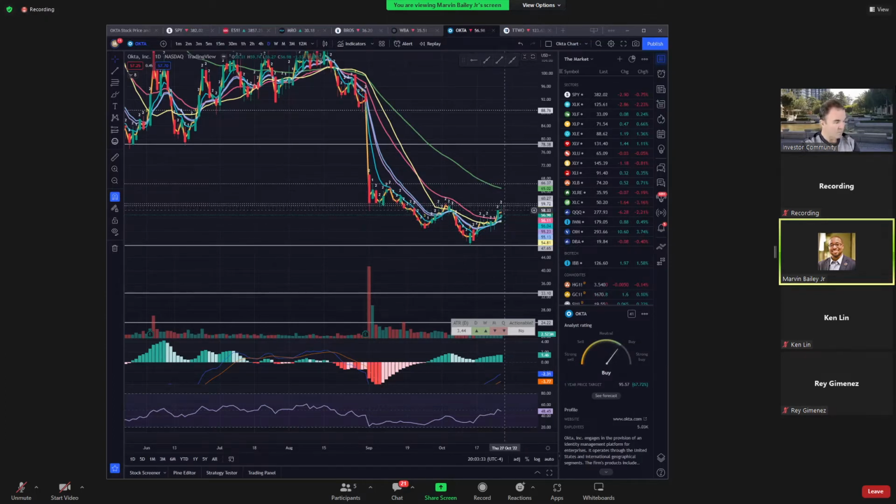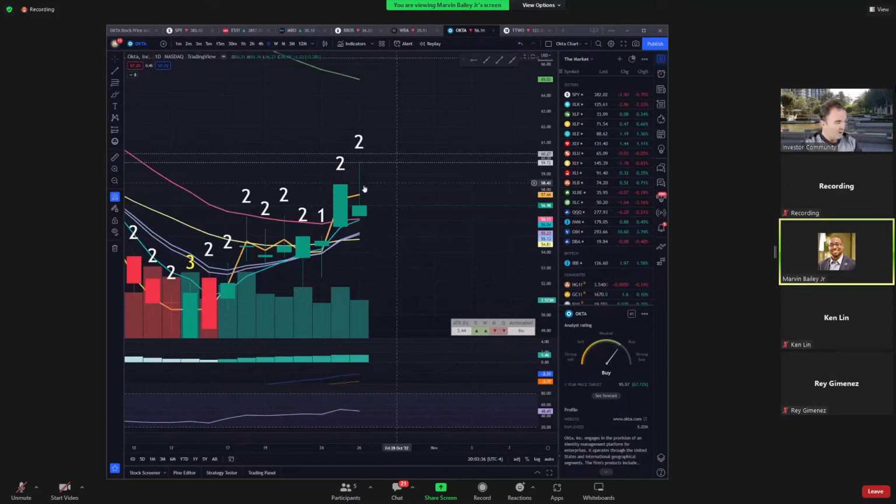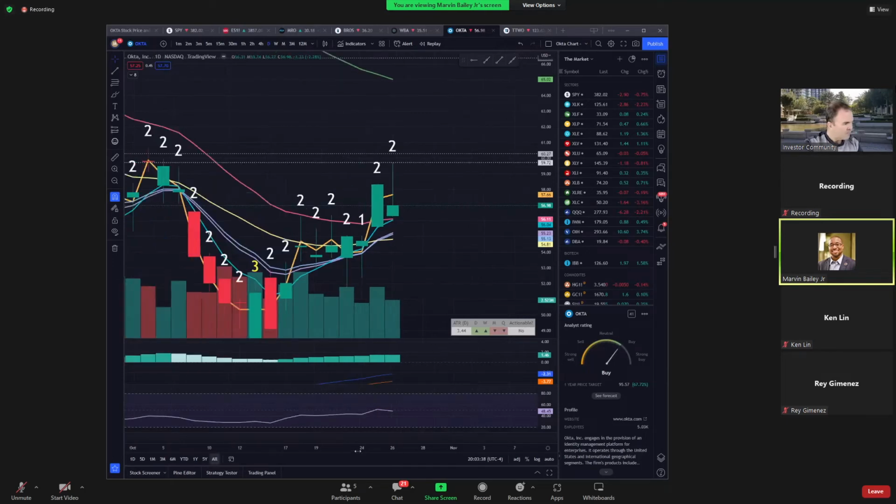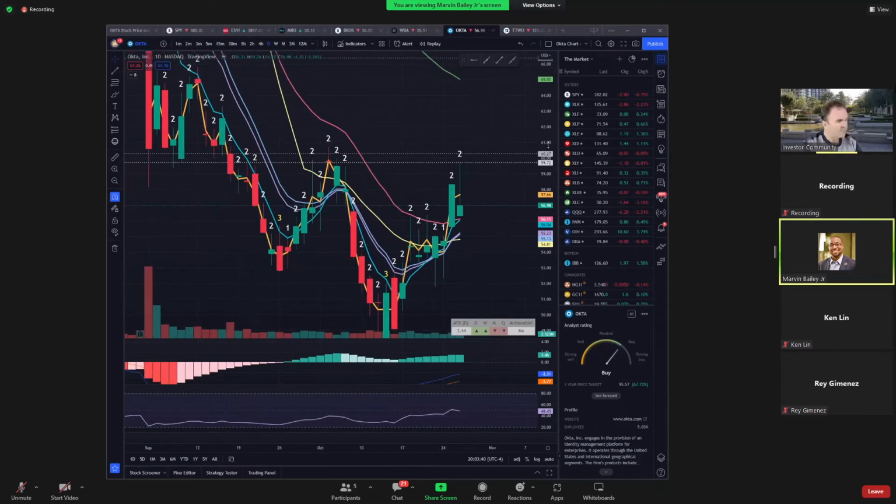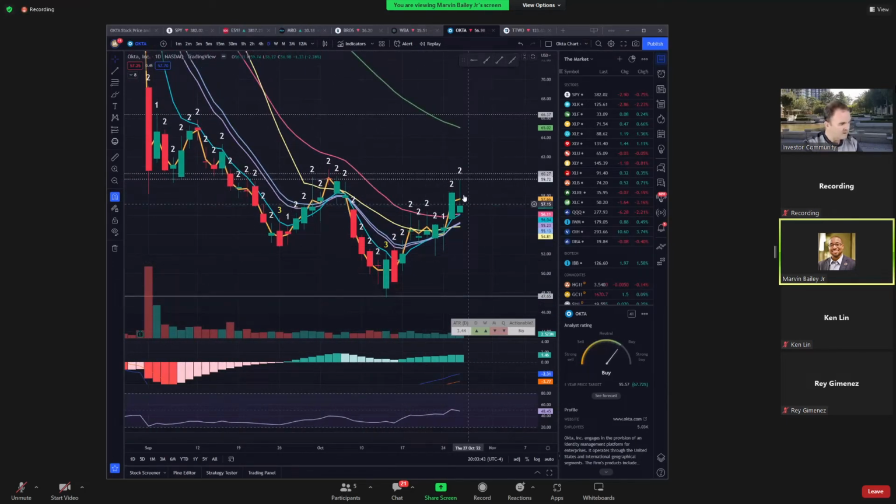It looks like an inverted hammer to me, so I feel like there's going to be a little bit of a pullback. We'll see what it does. But if the uptrend continues, hitting 66 wouldn't be an issue, because it moves pretty decently in terms of days.